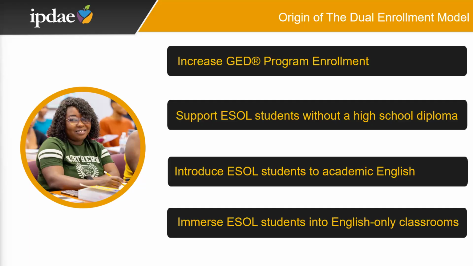Do you have ESOL students without a high school diploma or access to transcripts? Do your ESOL students need more support in academic English? Or would they benefit from immersion into English only classrooms? So you're just picking the one that would benefit you the most.